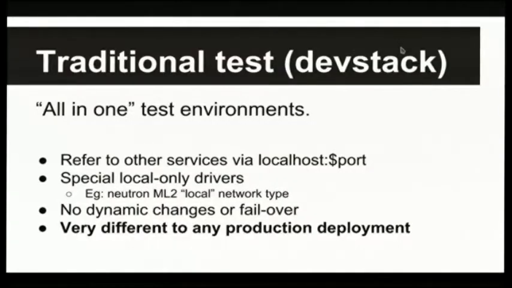The other common traditional one is the all-in-one tests. Swift has an all-in-one install, and of course DevStack that everyone uses. These are pretty much all running on one machine. They have a bunch of QEMU virtual machines that they run, but they're very different to a production deployment. They typically refer to the other services using localhost. There's only one of every piece.